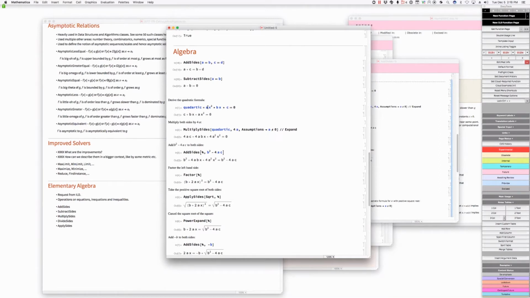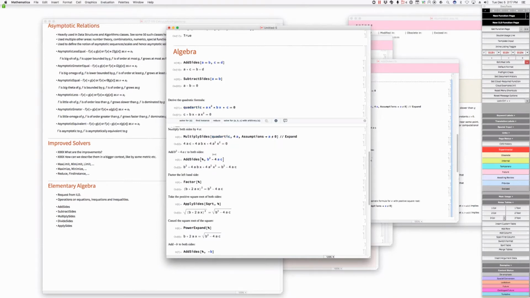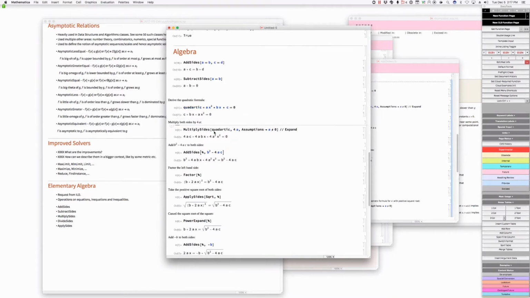Okay, so here's the little quadratic form thing. Wow, what is this? Assumptions. You're multiplying both sides of an equation by a pure factor. So we need A to be not 0, otherwise we'd get a conditional expression. Oh gosh. That might actually be worth reviewing.